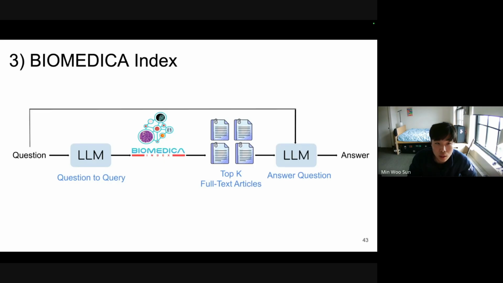And thirdly, we built out the Biomedica index with the goal of enabling RAG capabilities from Biomedica. So if the user provides a question, that question is converted into a structured query that matches the index. And from the index, we retrieve the top K most relevant full text articles. Those are further summarized and provided to the LLM so that the LLM can synthesize an evidence-grounded answer from scientific literature.